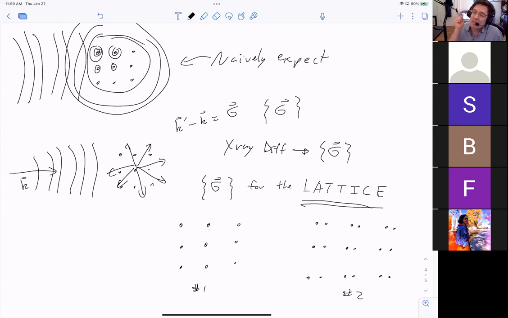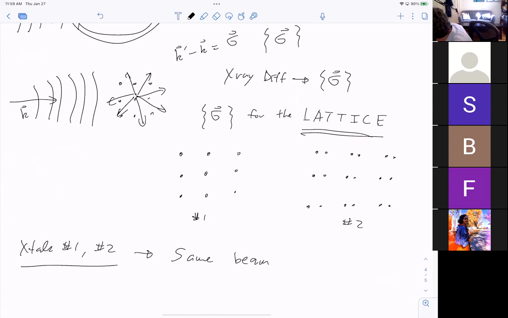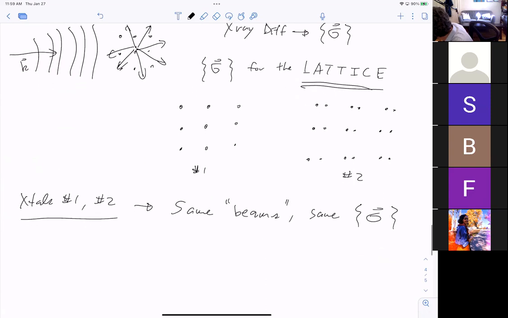And it turns out the difference is in the intensity of the beam. So what I'll say is these 2 crystals, crystals number 1 and number 2, have the same beams. They have the same reciprocal lattice vectors, but they have different intensity for the beams.